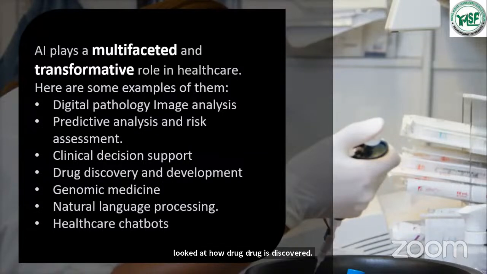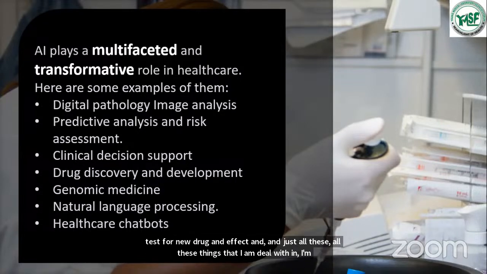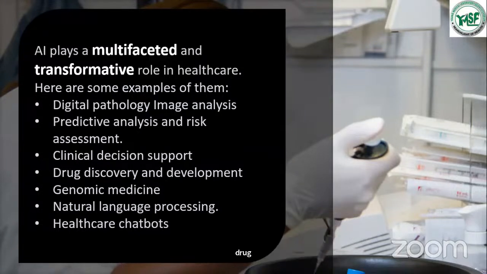But AI speeds up this process. It can use different combinations of chemical compounds to test for new drugs and effects, and all these things that are entailed in drug discovery. So AI also helps to speed up drug discovery, reducing cost and reducing the time spent, right?